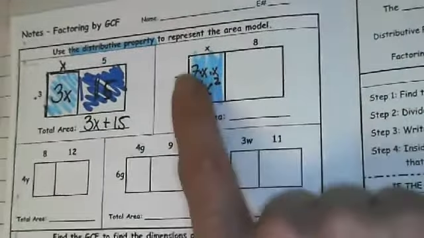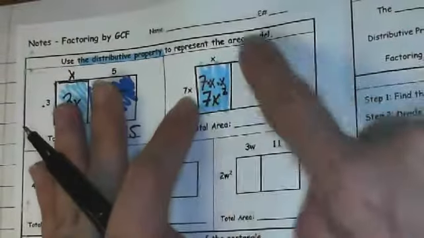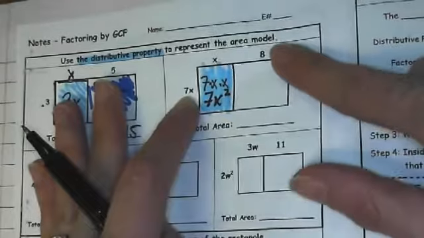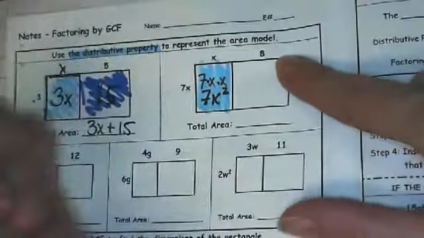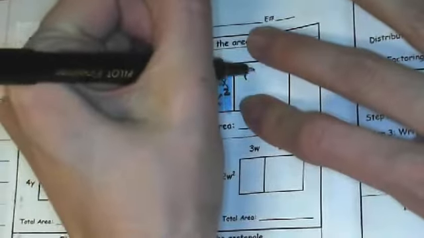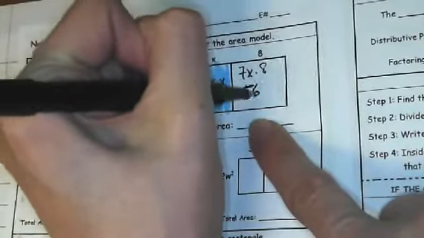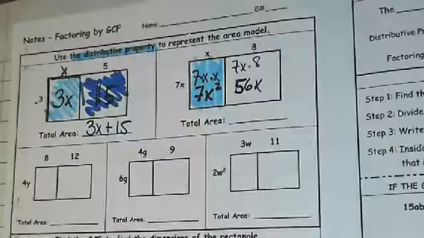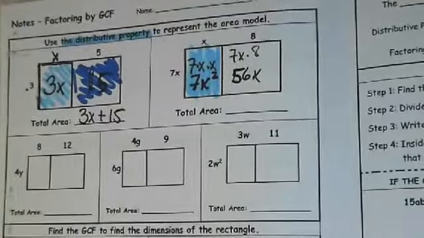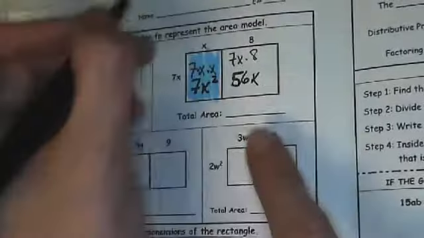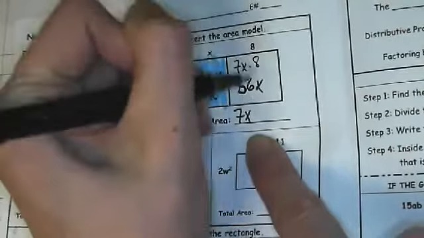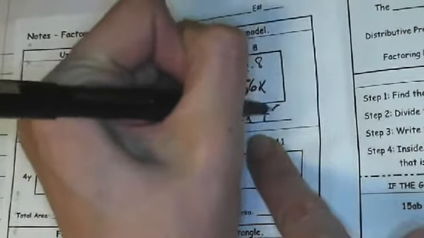And then we will multiply 7x times the 8, which is 56x. Then I combine the two areas together. So the total area would be 7x squared plus 56x.